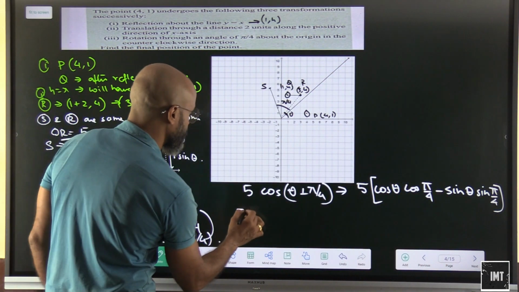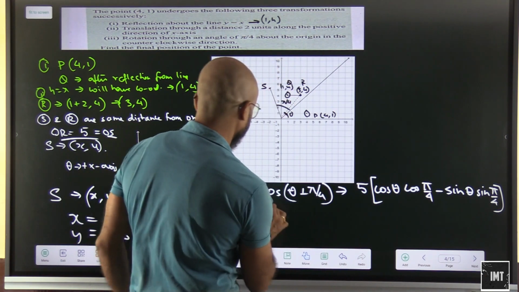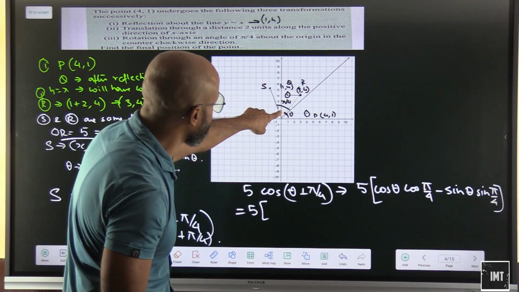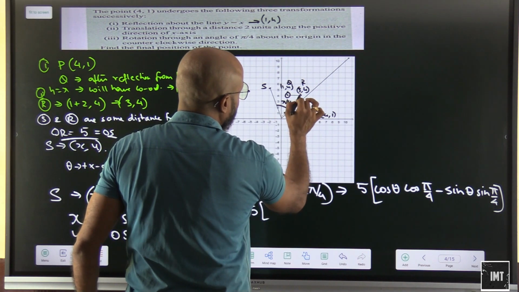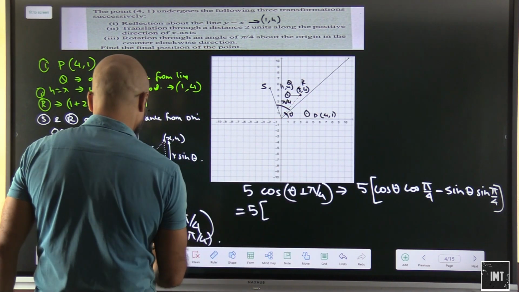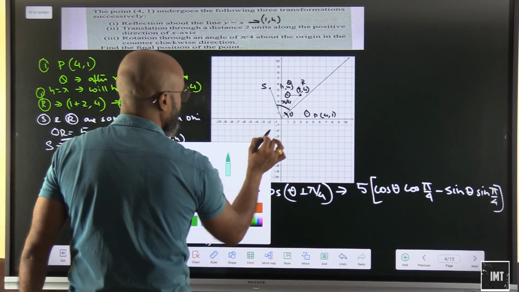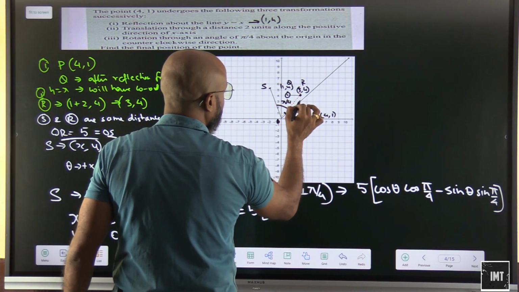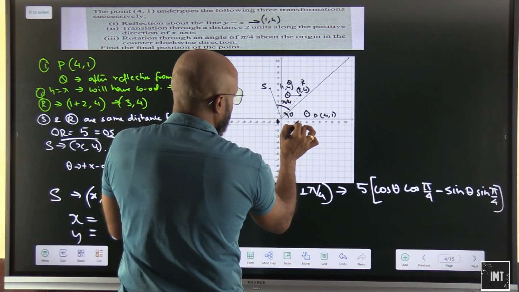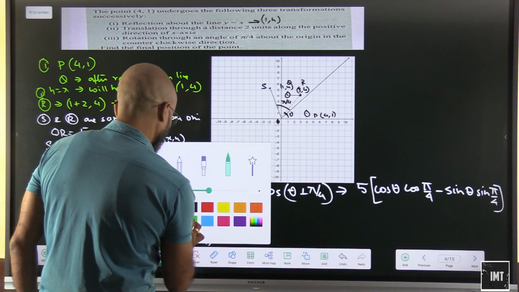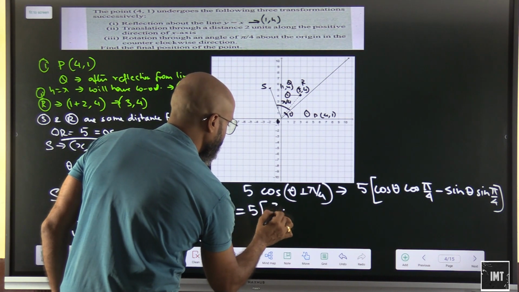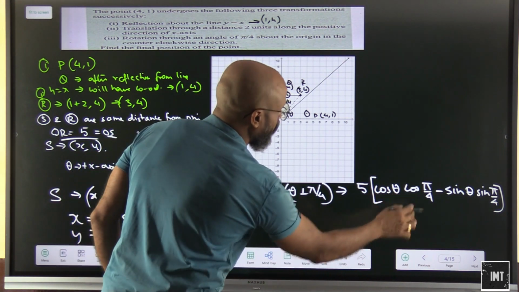So this is going to be 5 times cos theta cos pi by 4 minus sin theta sin pi by 4. Now what is cos theta? Just look at this triangle. If I name the points here O, and drop a perpendicular here, cos theta is 3 by 5. So cos theta is 3 by 5 into cos pi by 4.